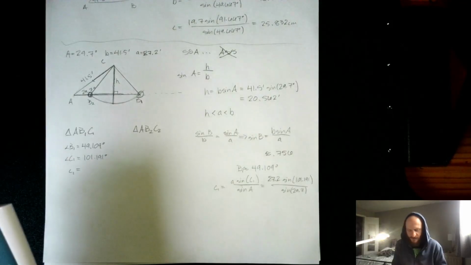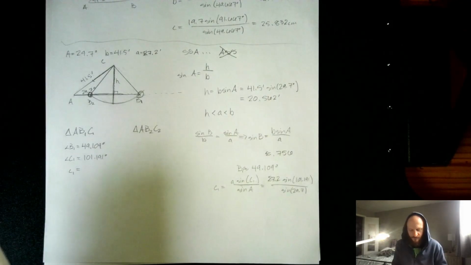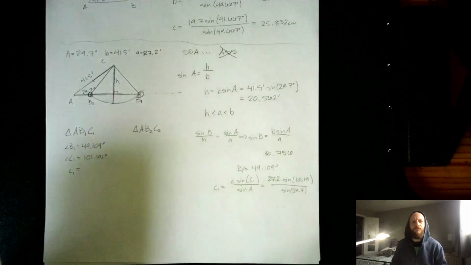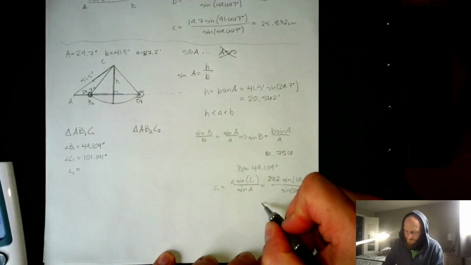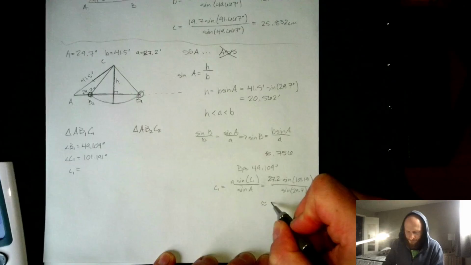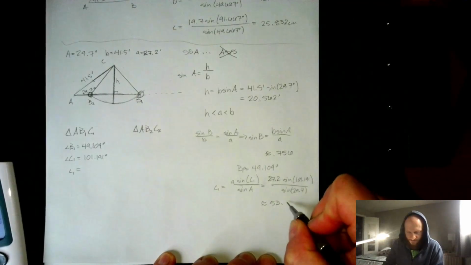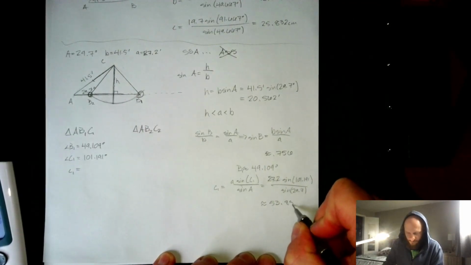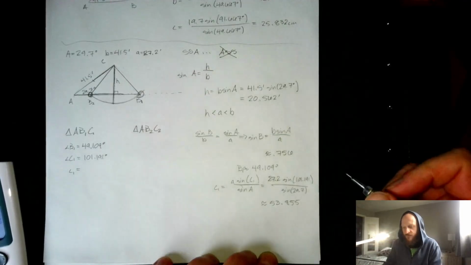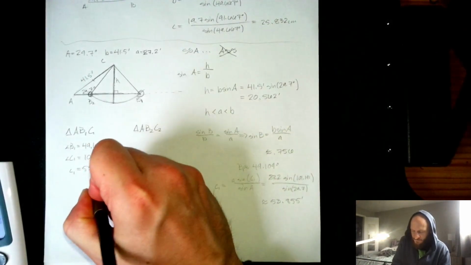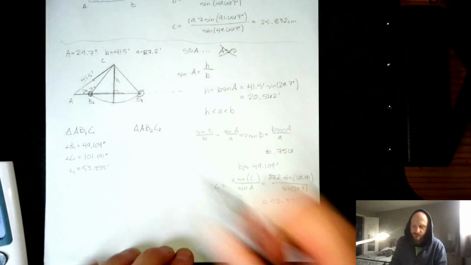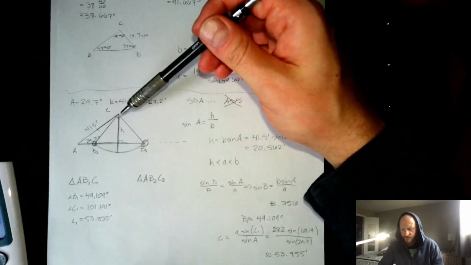So 27.2 times the sine of 101.191 divided by the sine of 29.7 comes out to 53.855 feet.